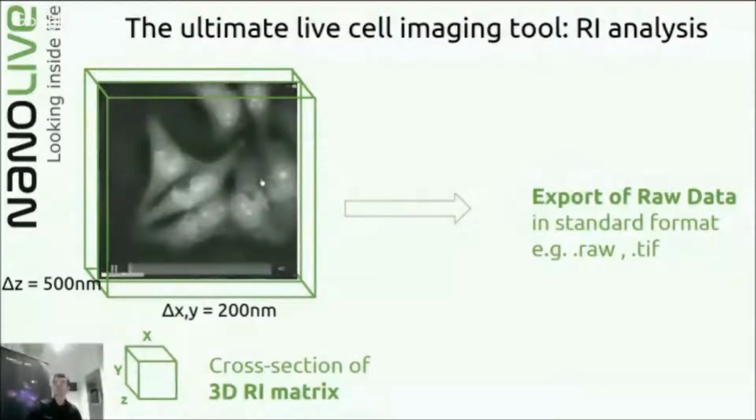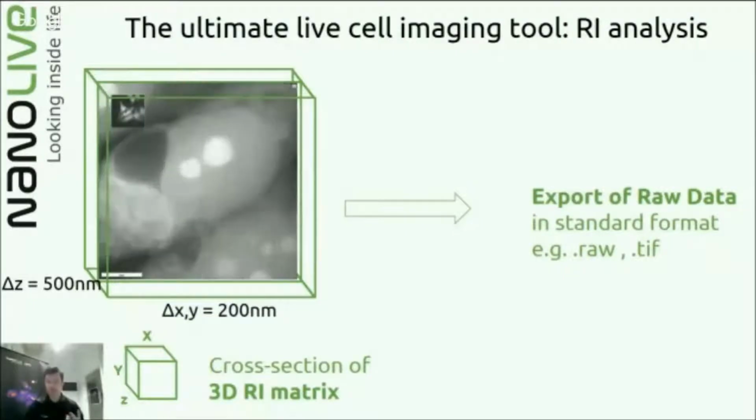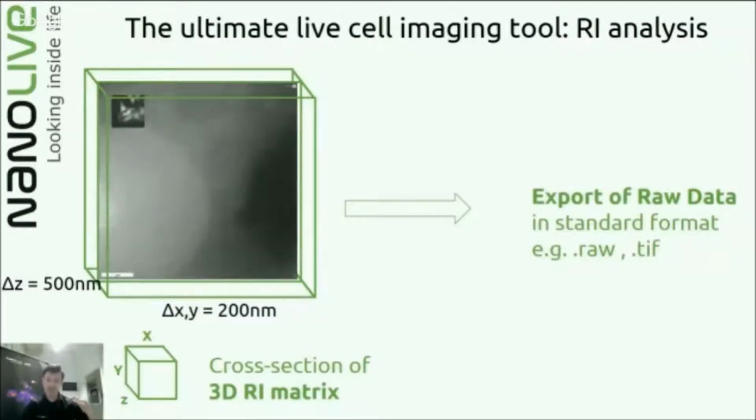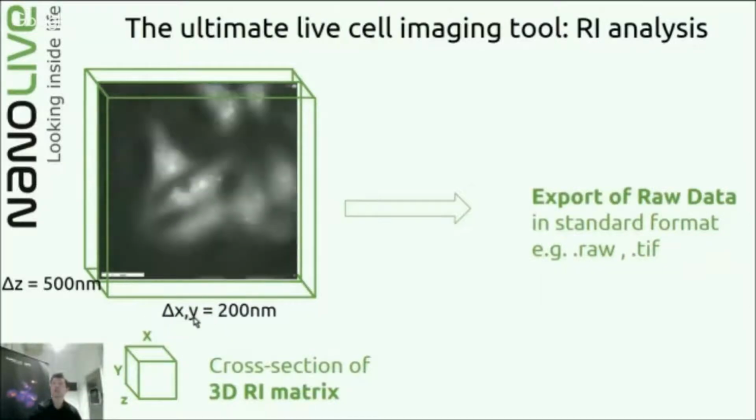When you collect a 3D stack to make a 3D reconstruction, this is what you get. This image is based on the refractive index. You have a 96 Z stack of images with a resolution of 200 nanometers on the X, Y axis and 500 nanometers on the Z axis.